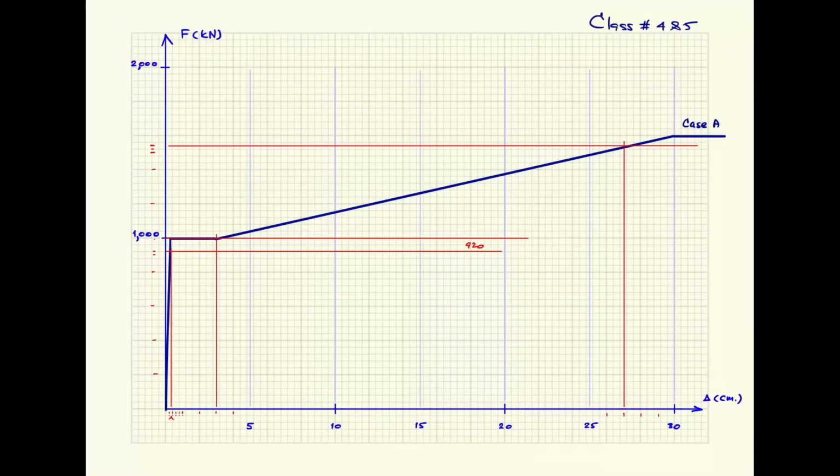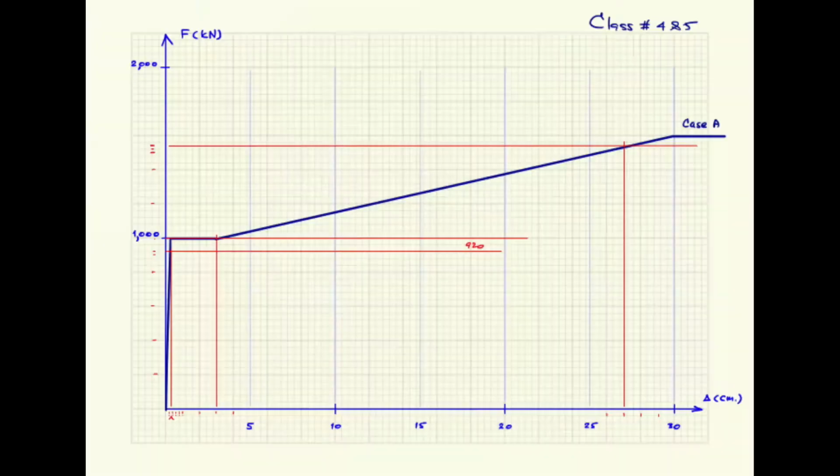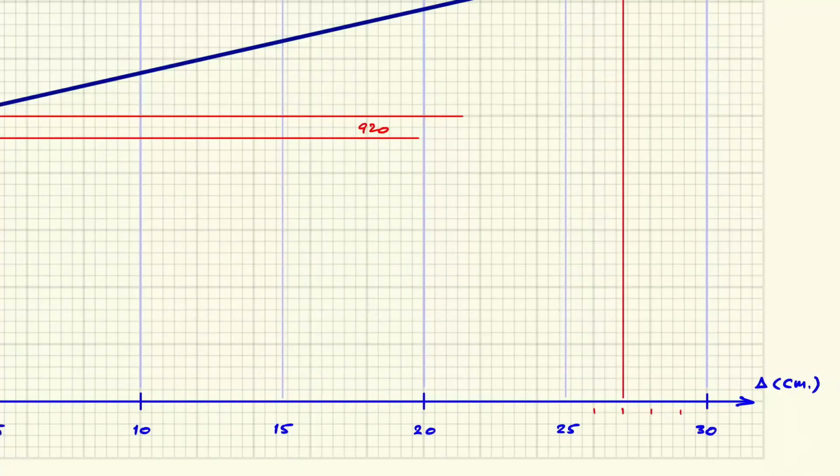So we're going to draw the line from here. 27, I come back and check what it is: 27.5 and 27.8. 27.5 turns out to be a little bit to here, right?